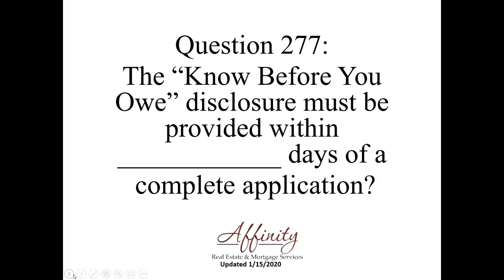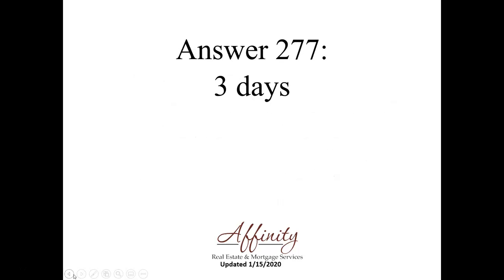Question 277. The know before you owe disclosure must be provided within how many days of a complete application? That must be provided within 3 days. Know before you owe.